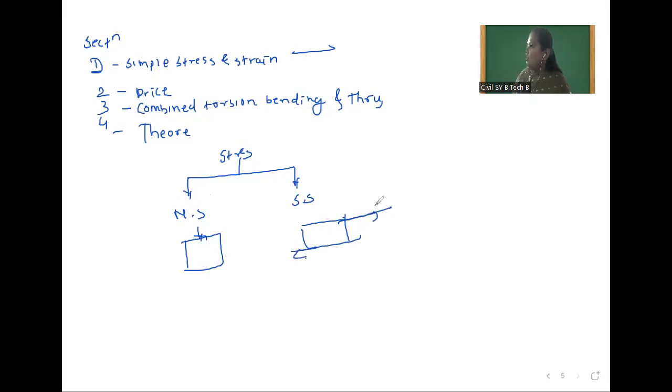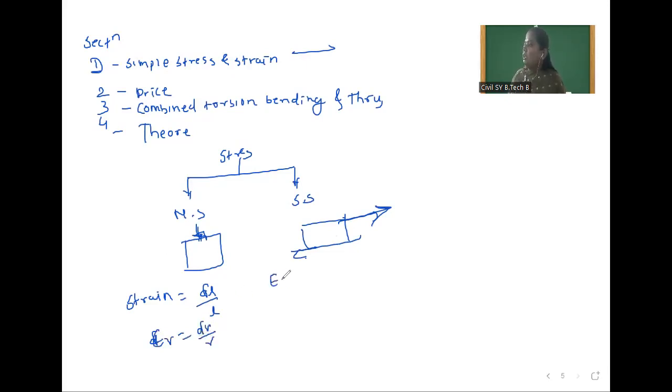If force is along the cross section, then shear stresses will be generated, and perpendicular to the cross section, then normal stresses will be generated. After that, we have discussed the strain. Strain is nothing but change in dimension upon original dimension. After that, volumetric strain, epsilon V, change in volume divided by original volume.